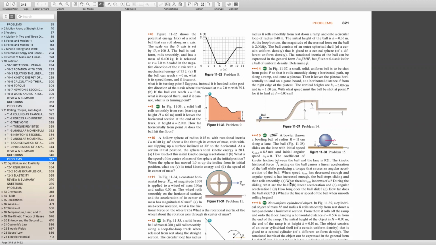So can I ask, what's the answer for question A? What's the negative 0.11 omega? That is 0.11 omega. The 0.11 is the radius, and omega is just the letter they're using for that. They just wanted us to make sure that we knew the relationship between omega and velocity in this situation.